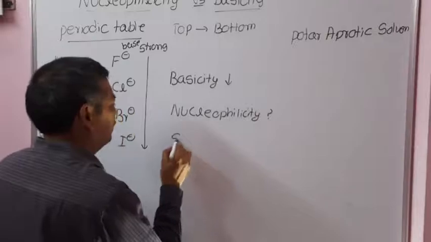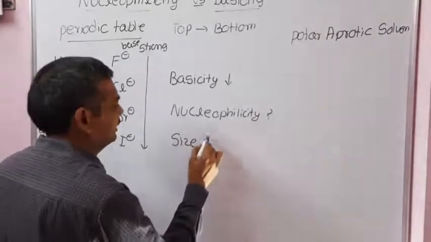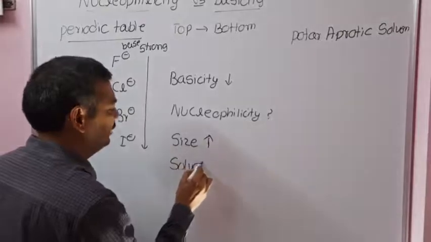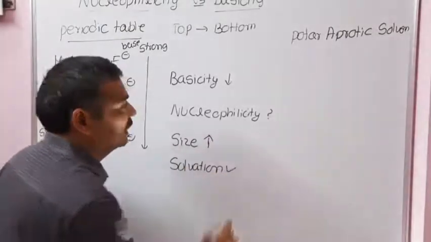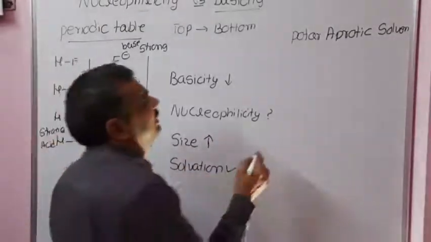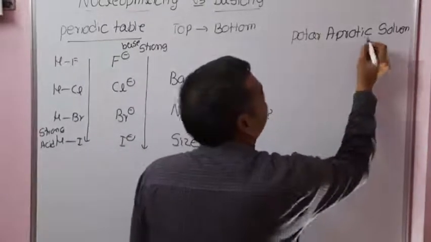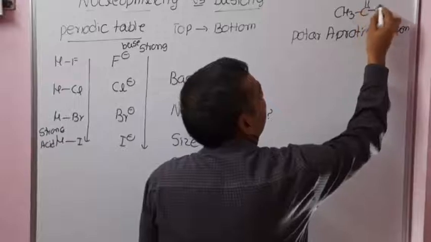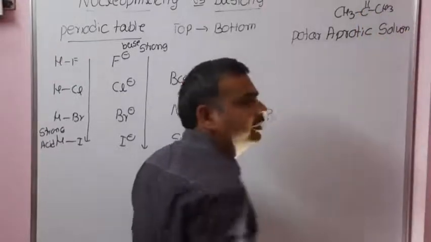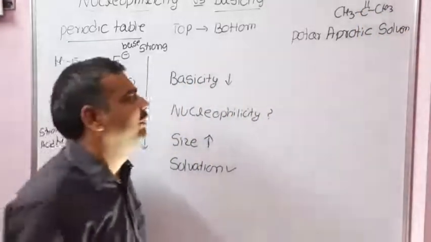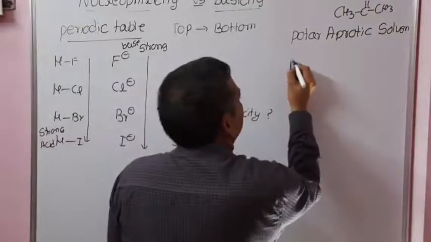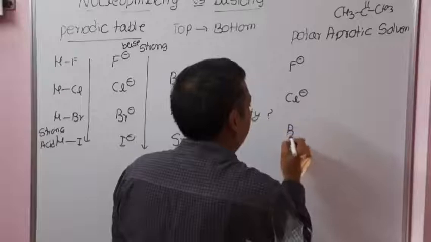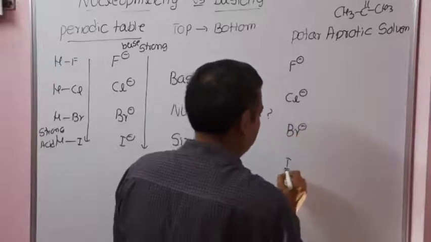Why? Because from top to bottom size increases, and if size increases, there is a solvation effect. Let us take acetone as an example, or any solvent: acetone, DMF, DMA, acetonitrile. See F minus, Cl minus, Br minus, and I minus.